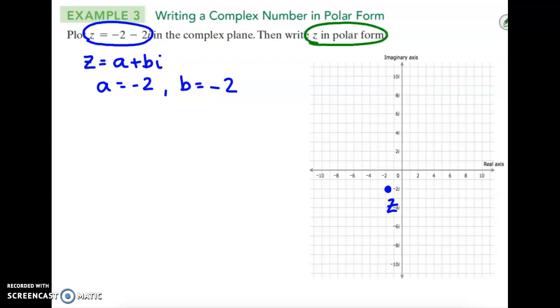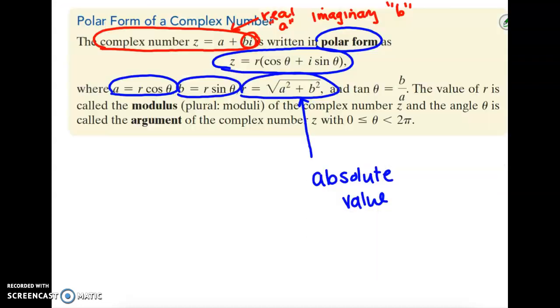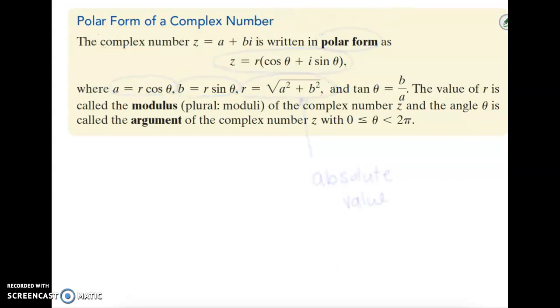We're going to use the previous slide to help us. All right, so here is our yellow box of our complex number, and Z equals R cosine of theta plus I sine of theta.